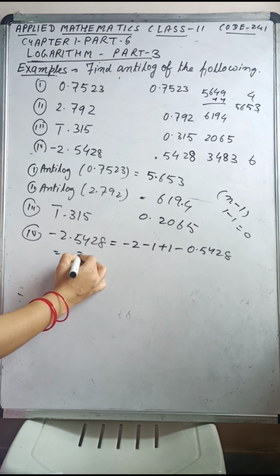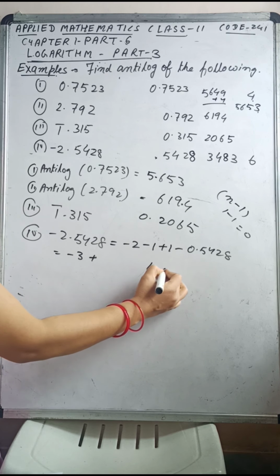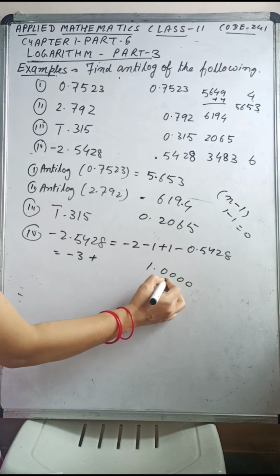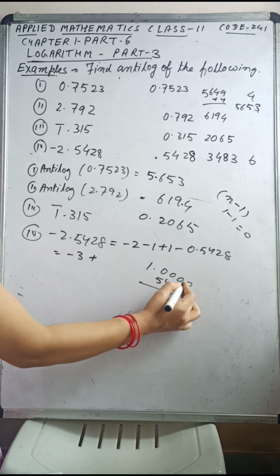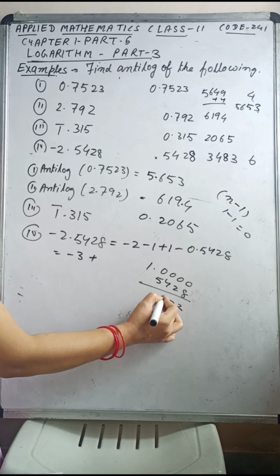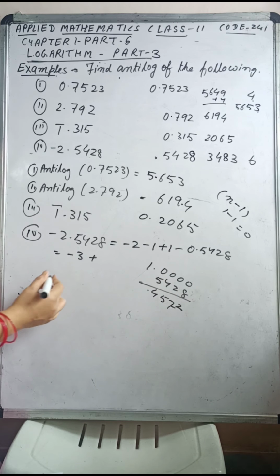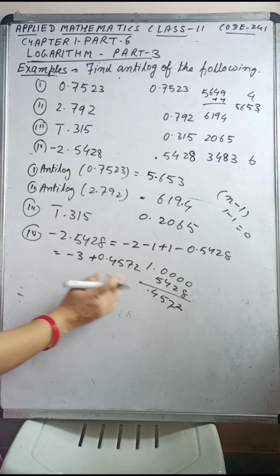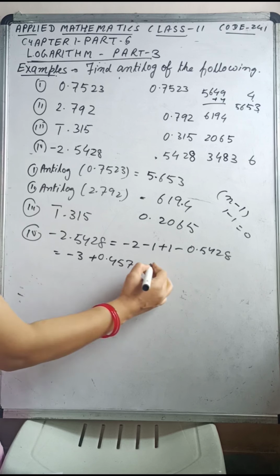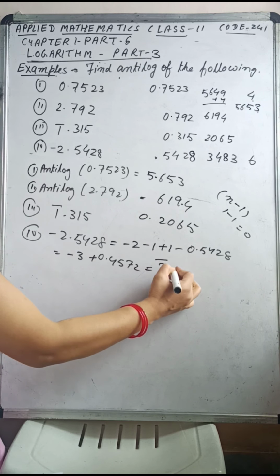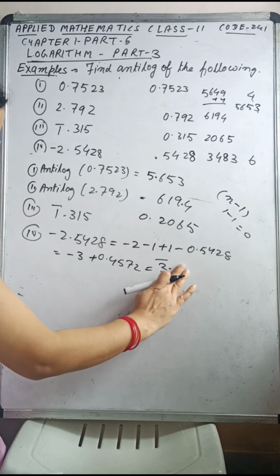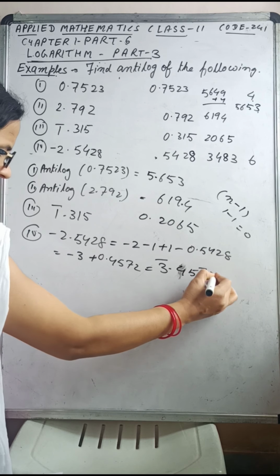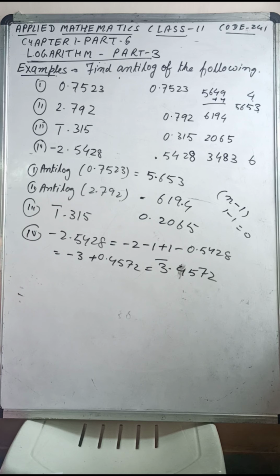So this number is now minus 3 plus, let us subtract this, 0.5428 from 1. 9 minus 5 is 4, 9 minus 4 is 5, 9 minus 2 is 7. So minus 3 plus 0.4572. So this is now 3 bar .4572. So the characteristic is minus 3 and the mantissa part is 4572 with decimal, and now the mantissa part is positive.